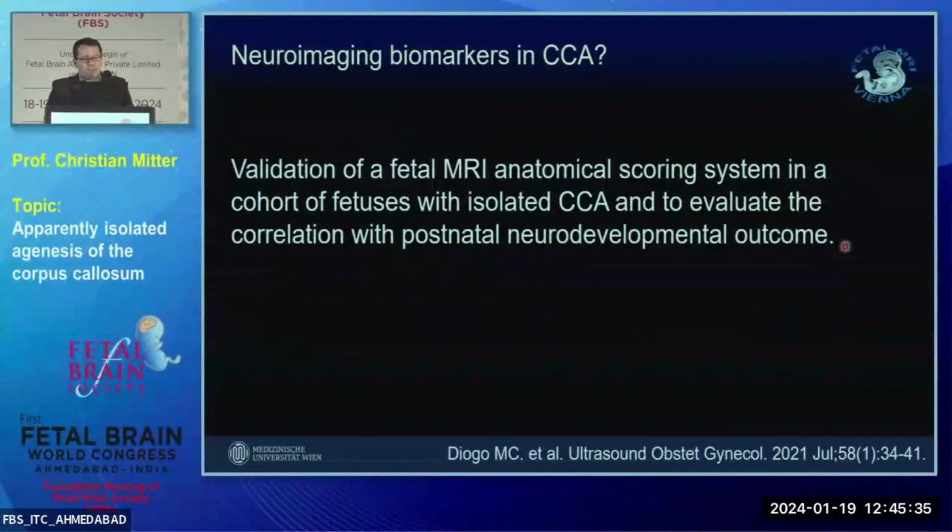To tackle this problem, we in Vienna developed an anatomical fetal MR scoring system in a cohort of fetuses with isolated corpus callosal agenesis and correlated that score with the neuropsychological outcome as assessed by a neuropsychologist postnatally later in life. The study, if you want to see it, is published here by a colleague of mine.